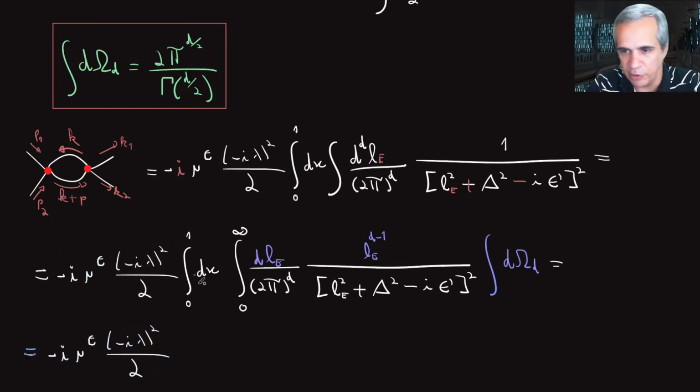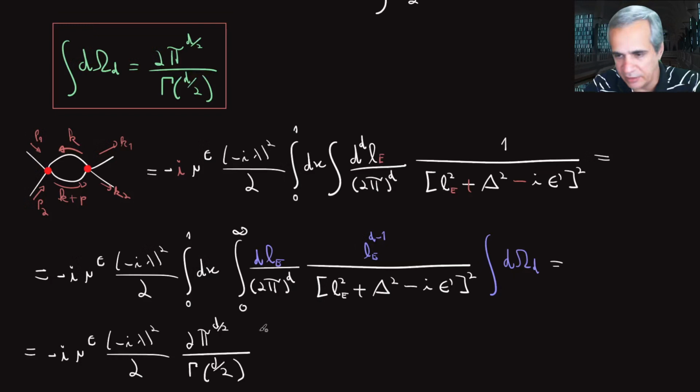Eventually I have to write this integral in dx, but it does not depend on any of the integration variables. So let's put this right here from the integral in the solid angle. This is 2 pi to the d over 2 over gamma of d over 2, and then there's this integral in x.